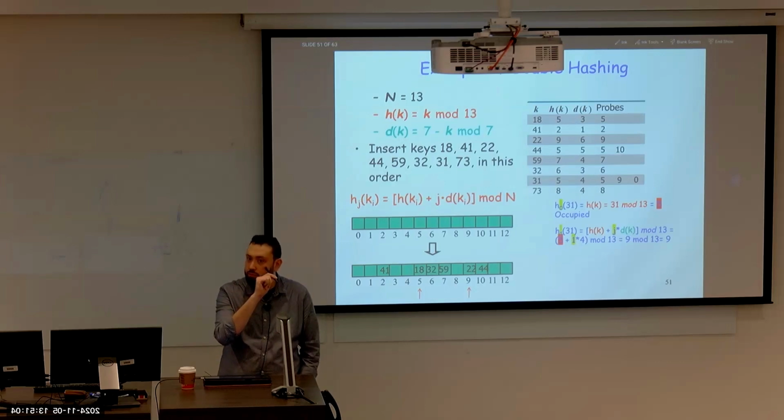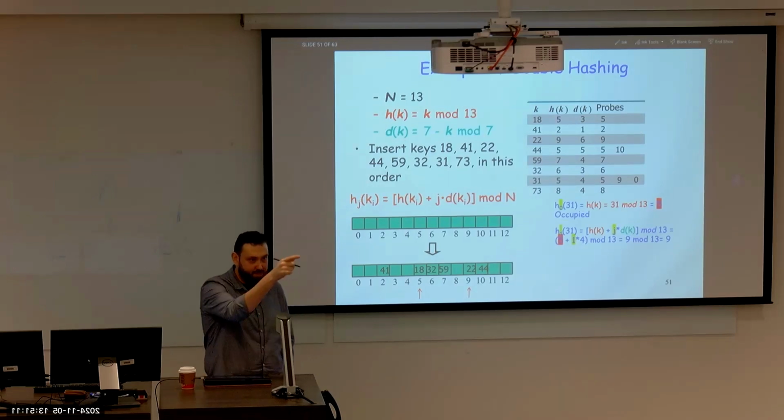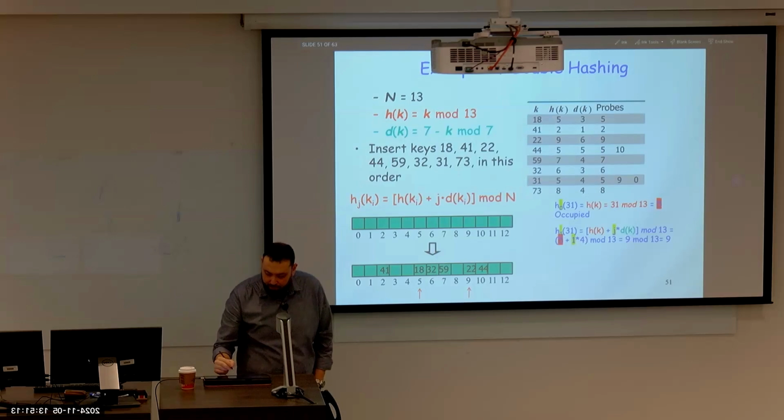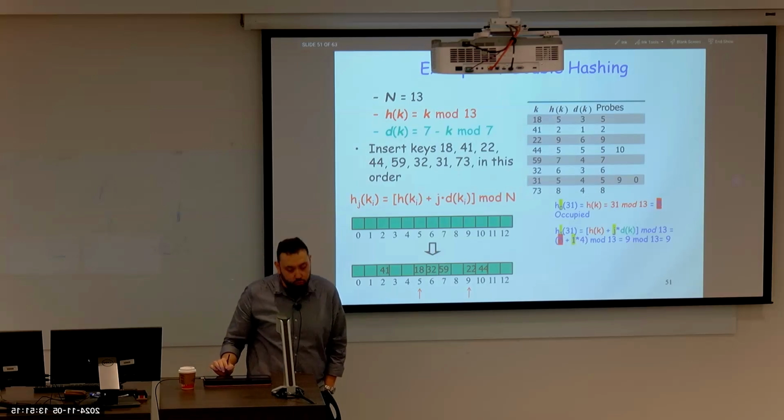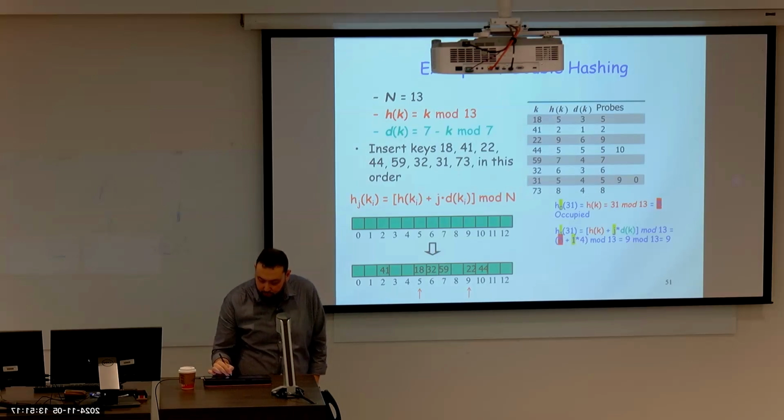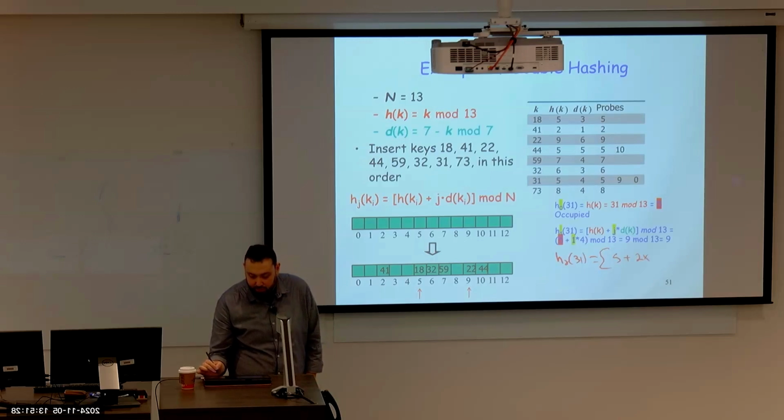I'll need someone new who's still trying to figure it out. It's not clear. Yes? H2. Very good. If I'm doing H2, what's going to happen? HK is 5 plus J is what in this case? 2 times DK, which is 4.